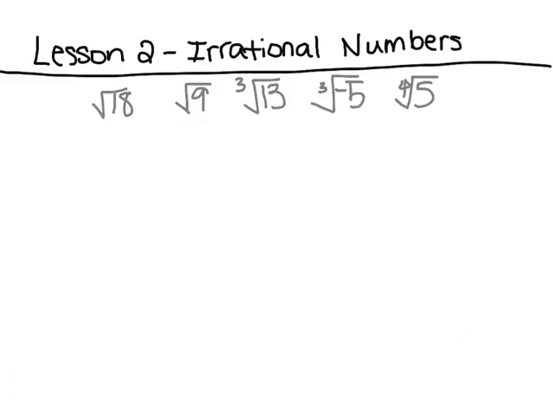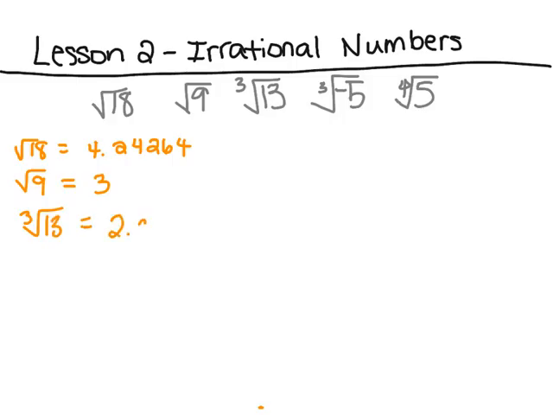Ordering rational and irrational numbers. To do this, we need to find each as a decimal, whether it repeats or not. So the square root of 18 is 4.24264. The square root of 9 is 3. The cube root of 13, type this into your calculator, you should get 2.35133.